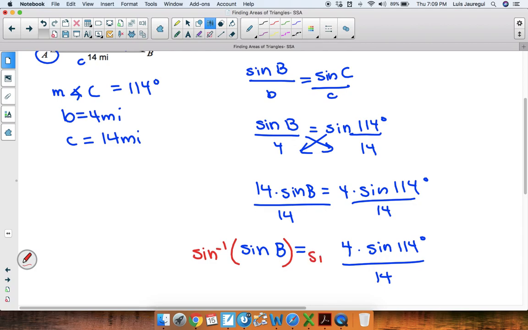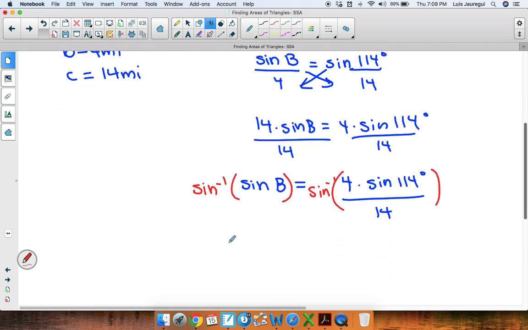So let's do that. And one gets the following. Angle B measures the sine inverse of 4 times sine of 114 degrees divided by 14. Now, to get an approximation, we're going to use the technology here.